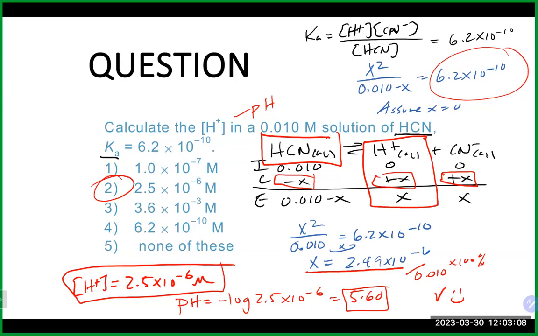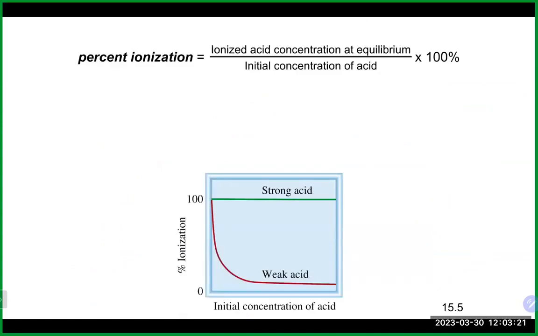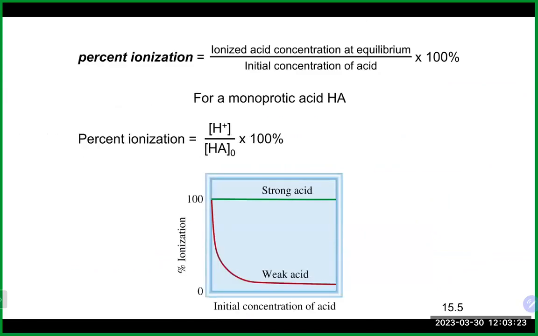Okay. So hopefully you can see Ka problems are very similar to regular equilibrium problems, except that in most cases you have the additional step to calculate the actual pH. The next thing we're going to talk about in terms of weak acids is what is sometimes referred to as percent ionization. You could also do it for bases as well.